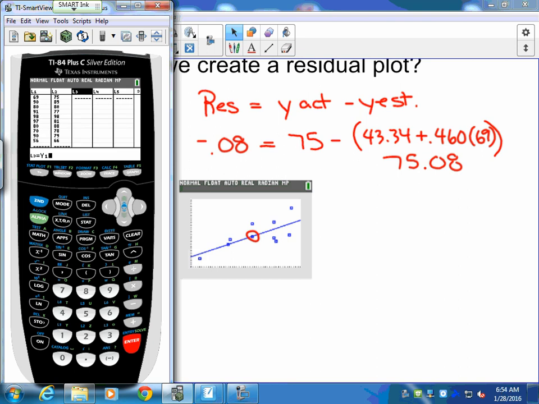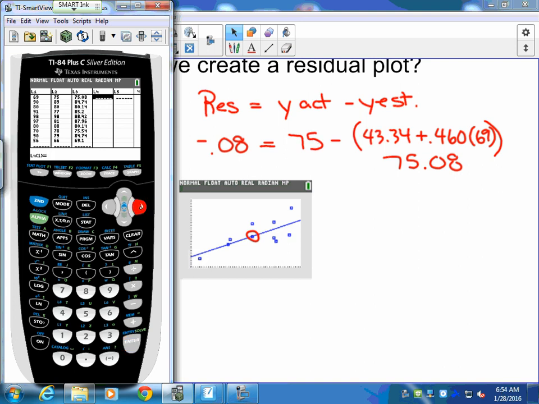I'm pulling that y1 equation out, plugging in all of my x values from list 1, and hitting enter. Now I've got all of my estimated y values. List 1 is x, list 2 is y, list 3 is the estimation of y.